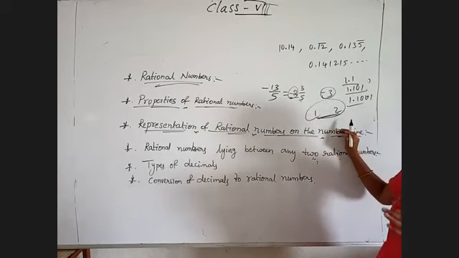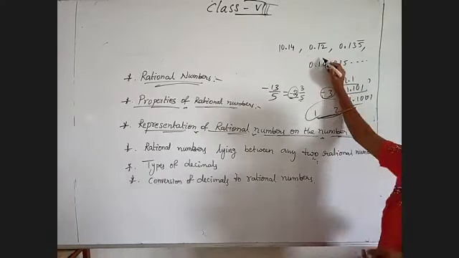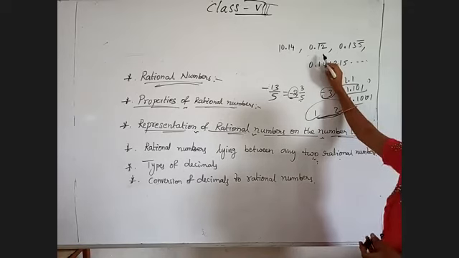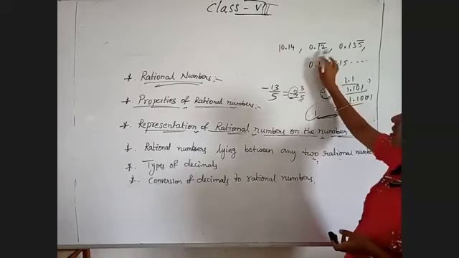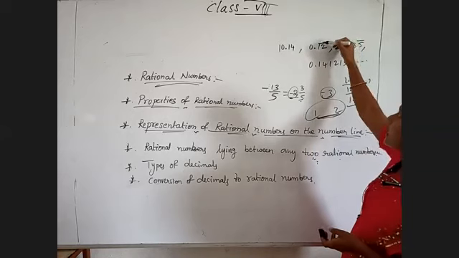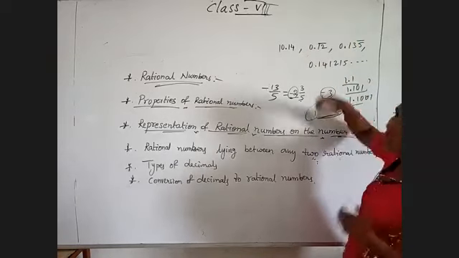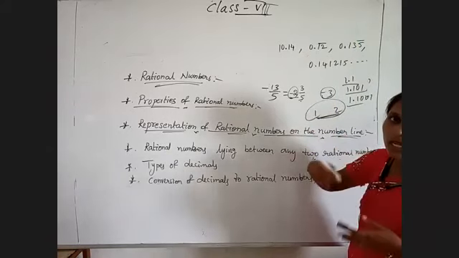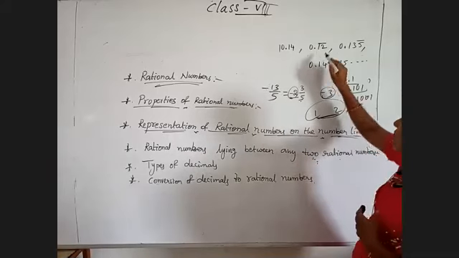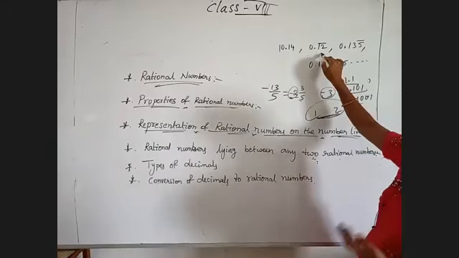Non-terminating decimals are of two types: non-terminating repeating decimals and non-terminating non-repeating decimals. Non-terminating repeating decimals are also called recurring decimals. They will not end, but whatever digits are coming, those digits only occur again and again. That's why they are non-terminating repeating decimals.